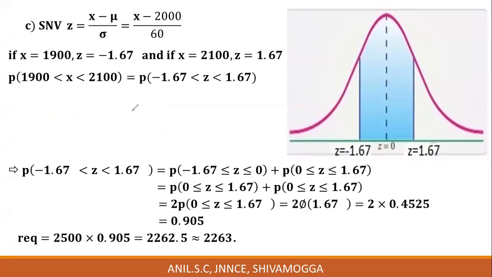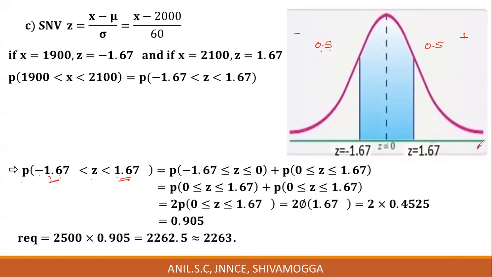Now mark this area. It lies between Z equal to minus 1.67 and 1.67. Probability where minus 1.67 less than Z less than 1.67. Mark this. This is the positive side of Z and this is the negative side of Z. This is half of the area under the curve, that is 0.5, and this is also half of the area under the curve, that is 0.5.